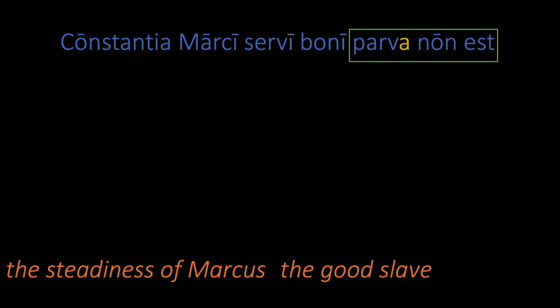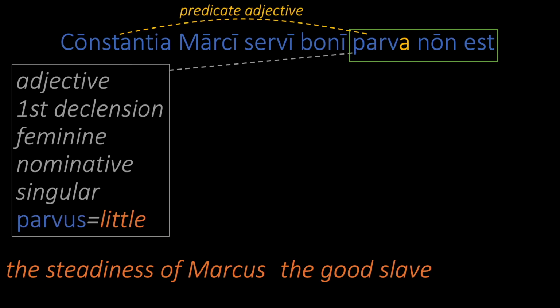At the end we have parva non est. Parva is an adjective that agrees with Constantia all the way back in the beginning. Since it's so distant, it looks like a predicate adjective. Its base is parvus, which means little. Non is simply an adverb modifying est. It means not.